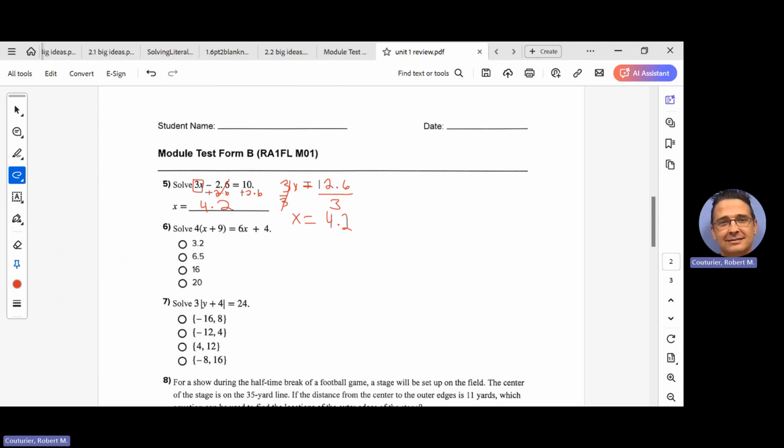Here we go. This is solving again. This time, before we even solve, we have sets of parentheses here. We're going to have to distribute. And then we have to distribute. And then rewrite all this part.